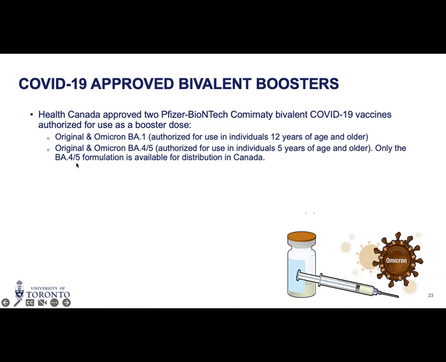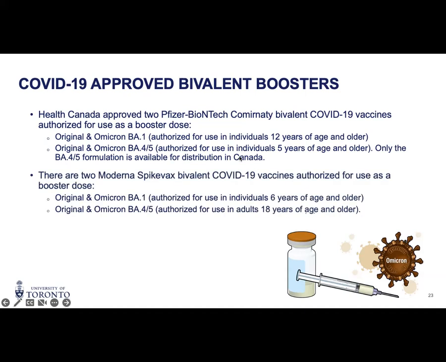Only the BA.4/5 formulation is available for distribution in Canada. For Moderna, there are two Spikevax bivalent COVID-19 vaccines authorized for use as a booster dose: original and Omicron BA.1, which is authorized for use in individuals 6 years of age and older, and the original and Omicron BA.4/5, authorized for use in adults 18 years of age and older.